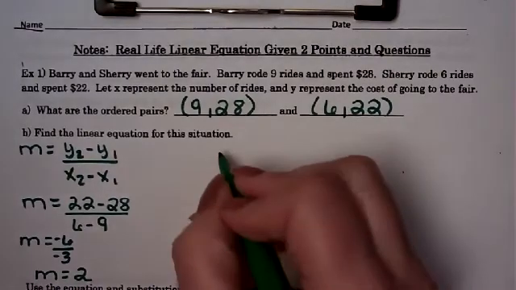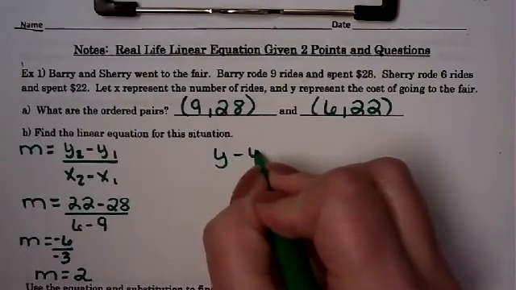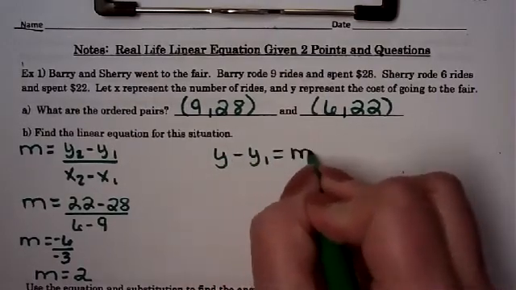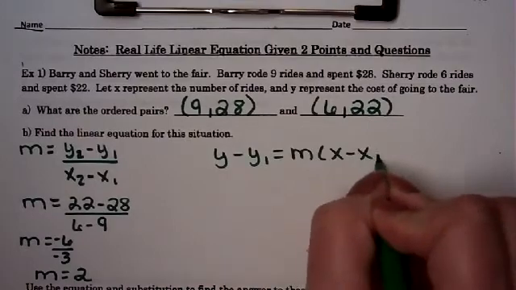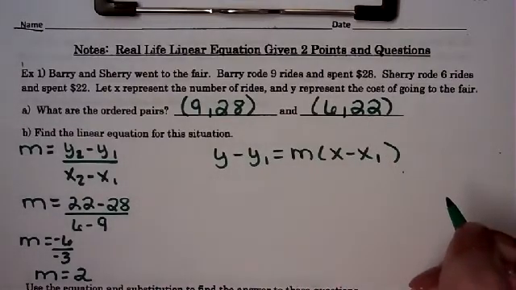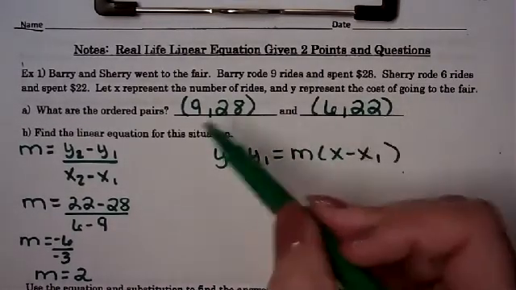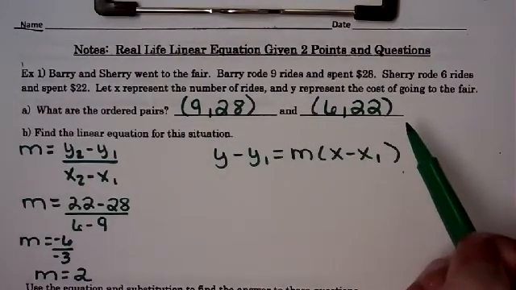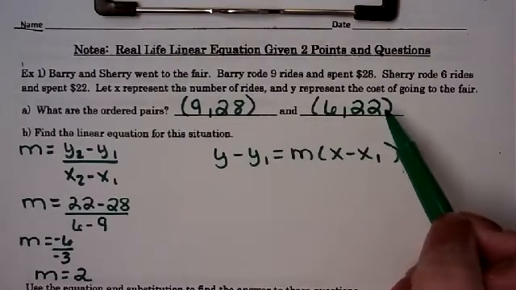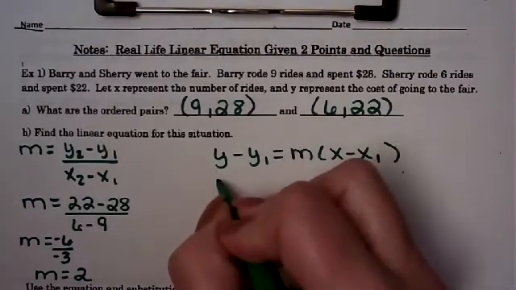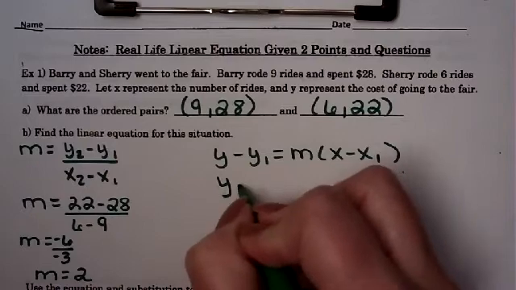Let's find our equation. y minus y sub 1 equal to m parentheses x minus x sub 1. Guys, we can use either pair of numbers in our formula. I'm just going to use the second one only because the numbers are smaller. Okay, so if I was having to do this calculator inactive, that would be an advantage.